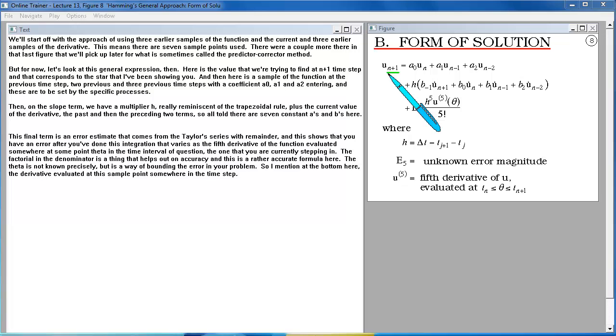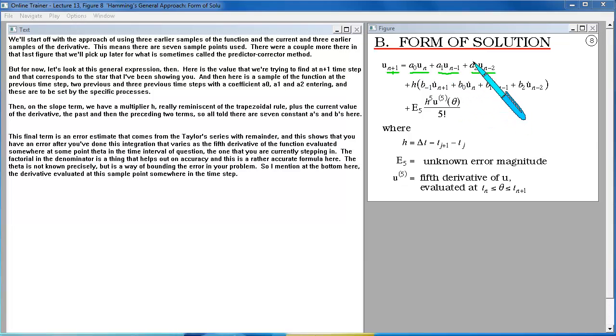Here is the value that we're trying to find at the n plus first time step, and that corresponds to the star that I've been showing you. And then here is a sample of the function at the previous time step, 2 previous, and 3 previous time steps, with coefficients A0, A1, A2 entering, and these are to be set by the specific processes.